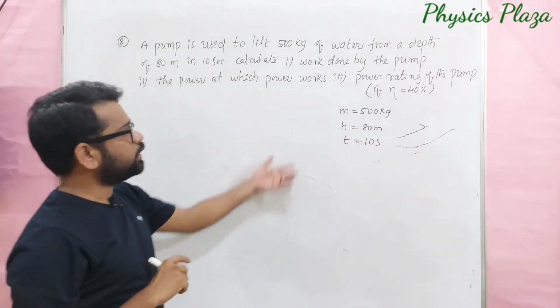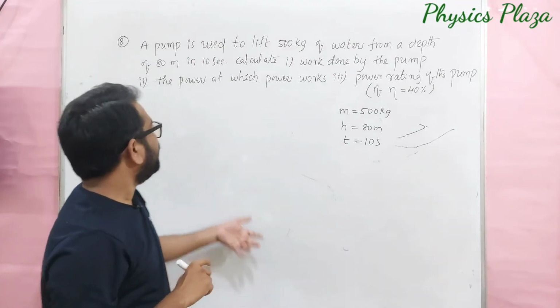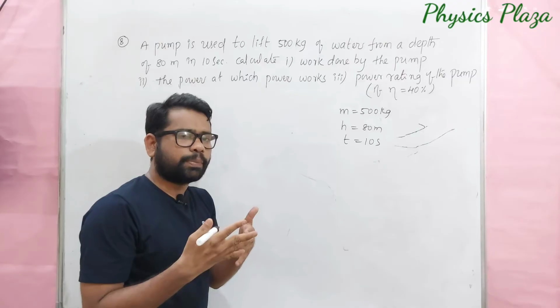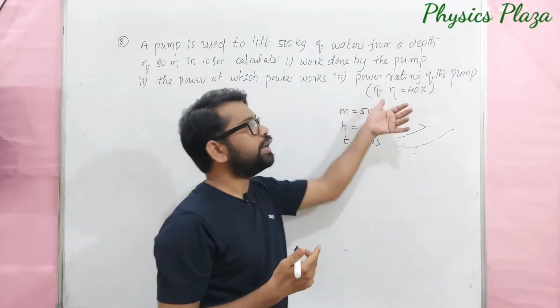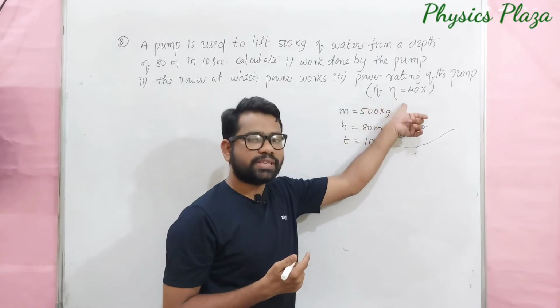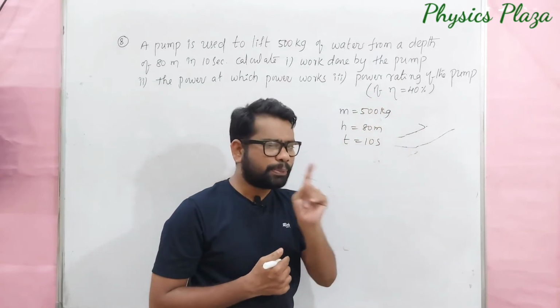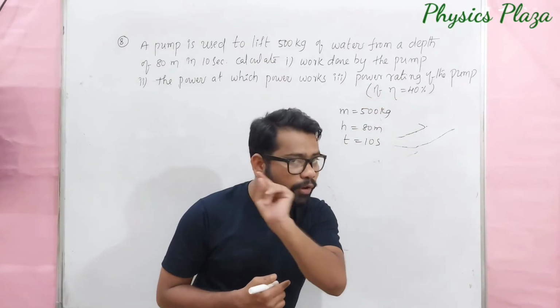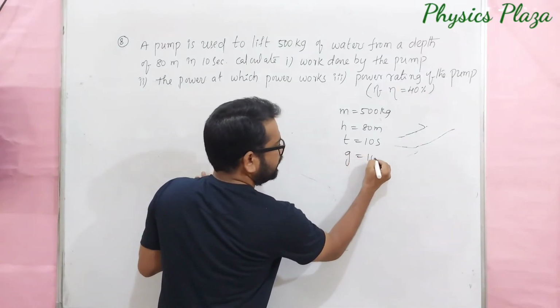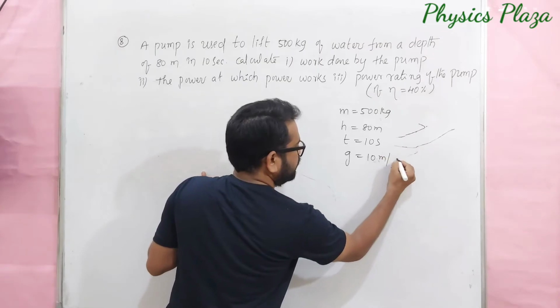Then they are asking us to calculate the work done by the pump and the power of the pump, with what power it works, the power rating of the pump, if the efficiency is 40%. It is also given g is equal to 10 meter per second square.